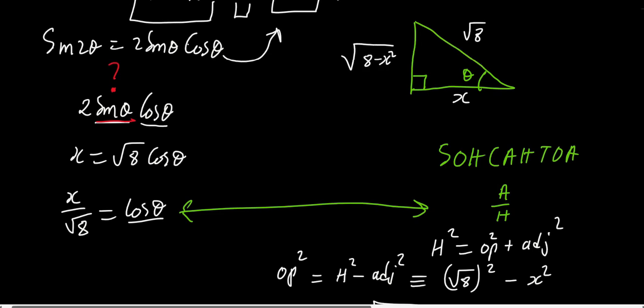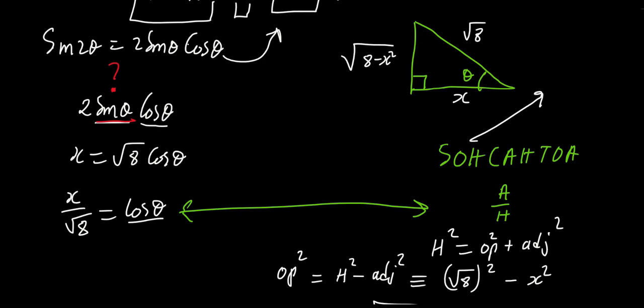So from here we can get our sine theta. We know that sine theta is the same as opposite over hypotenuse, meaning that sine theta will be our opposite, the square root of 8 minus x squared, divided by the hypotenuse, the square root of 8.